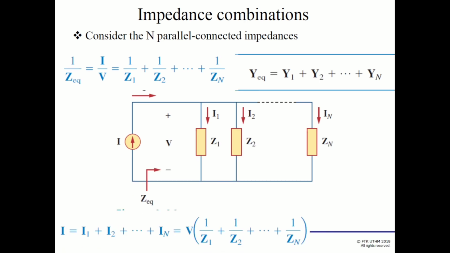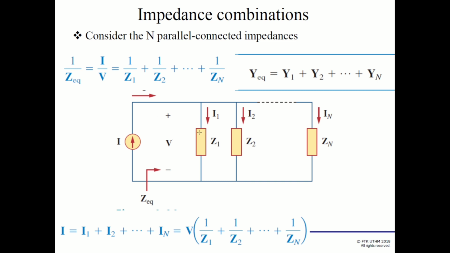So let's look into the parallel connection. Why is it called parallel? Because all the elements are in parallel. Z1, Z2 until Zn are in parallel with the current source also. So from here we know that the total current flowing here is equal to I1 plus I2 until In.